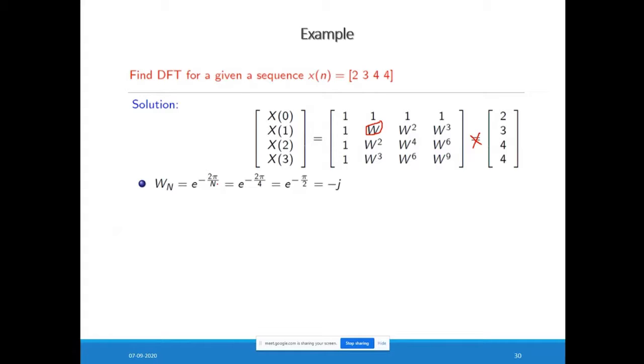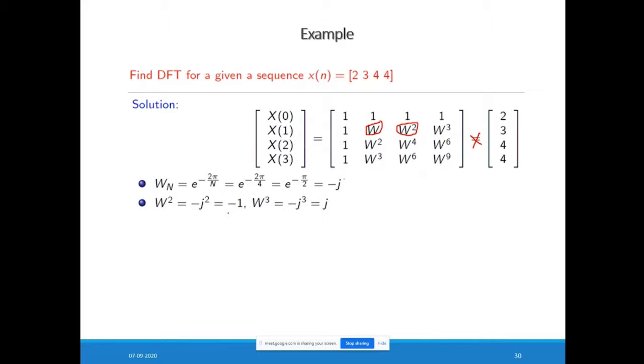Here this is a 4-point sequence, so e raised to minus j 2 pi by 4, which is nothing but e raised to minus j pi by 2, and that is nothing but minus j. So this term will become minus j. Now the second term, omega 2 or omega square: if you apply the values, it will become minus j square, or minus 1.